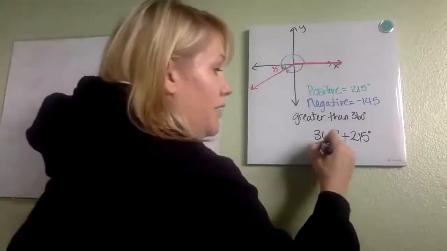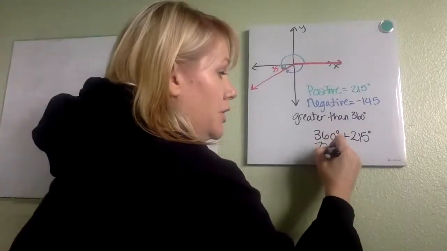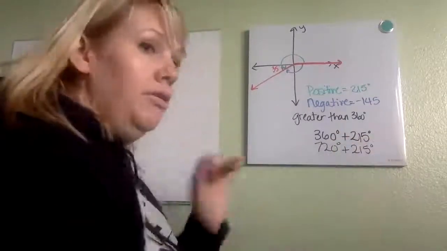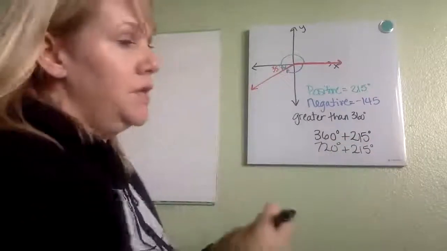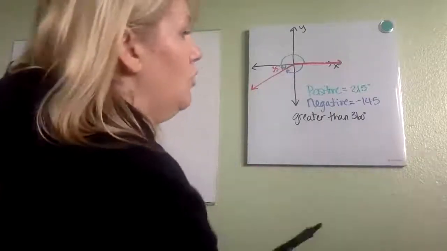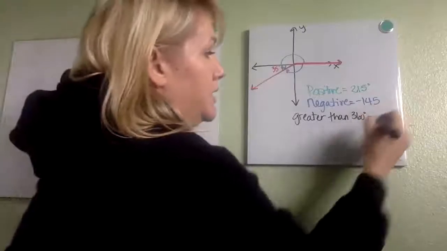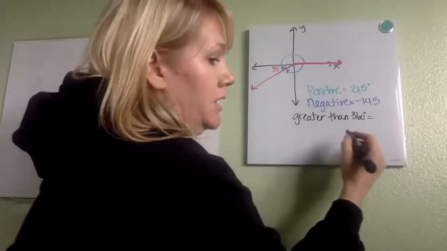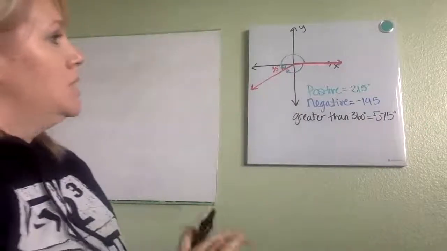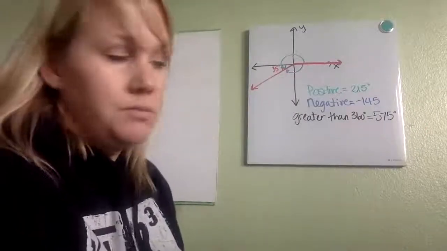You could also do 720, which would be two full revolutions, plus the 215. You could do three full revolutions plus the 215, infinitely many answers to that one. So greater than 360, 360 plus 215 is 575. Okay, so that's how that works.